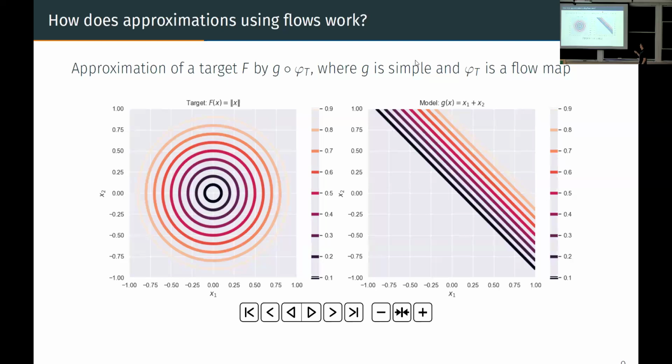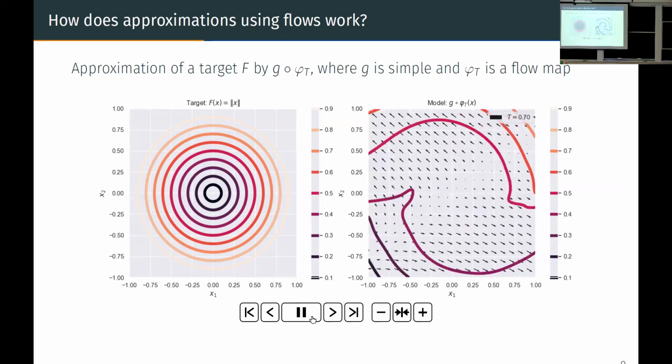I'm going to compose g with some flow map phi of some dynamics that I train on this data set, and try to see how composing g with phi can approximate f. I'm going to show you the animation, and on the right-hand side, you will see some arrows, which are the trained vector fields, or the control vector that is being applied to the system.